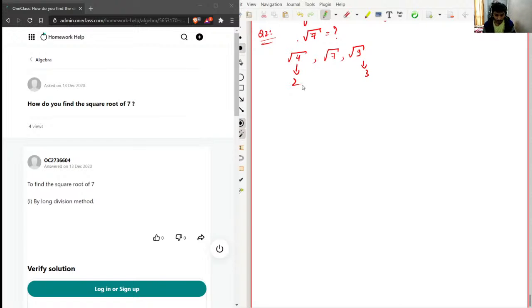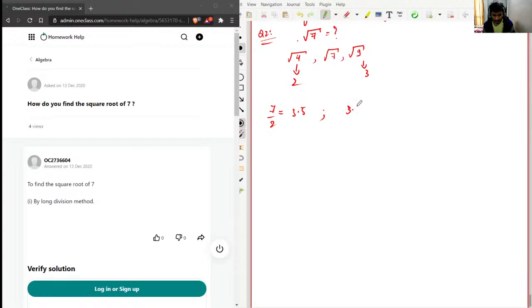So I will divide this 7 by 2, the lowest number, and I will get 3.5. Now I will take the average of the lowest number by which I divided and the answer.